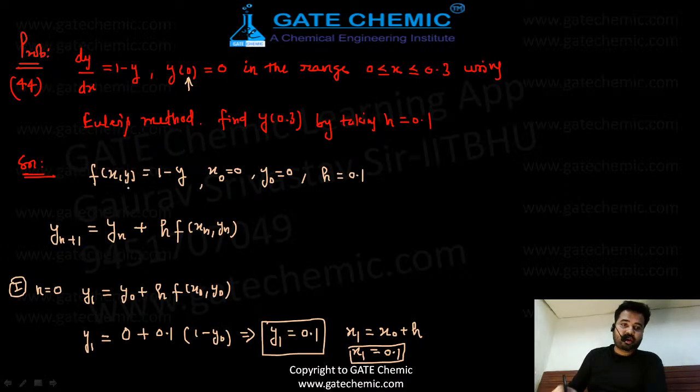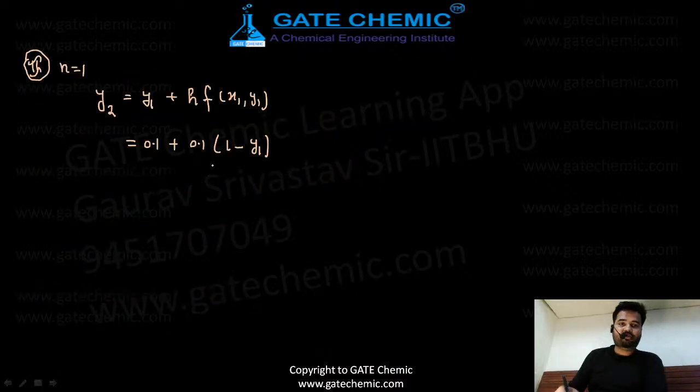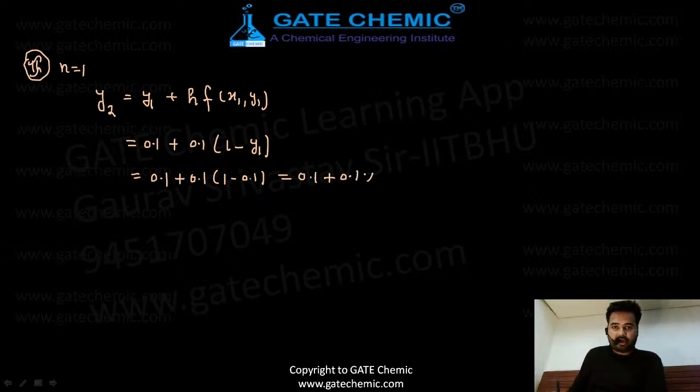Because my function f(x, y) is 1 minus y. Here no x is present, so it's only 1 minus y. So 1 minus y1, and I already told you y1 is 0.1. So after solving, 0.1 plus 0.1 into 0.9, and you will get y2 equals 0.19.